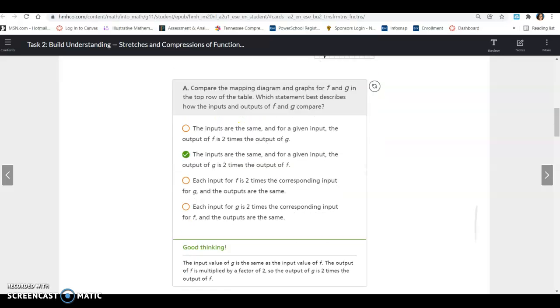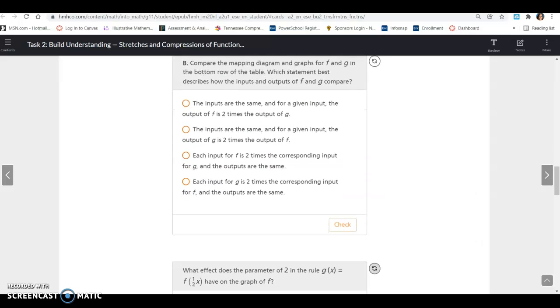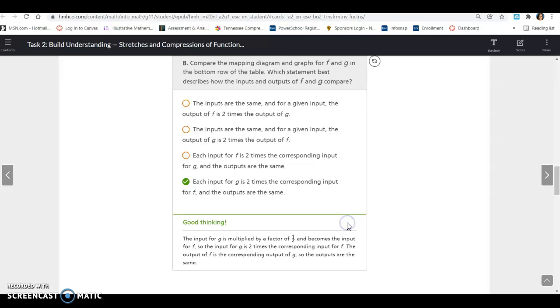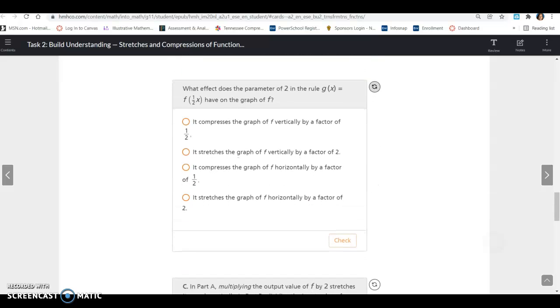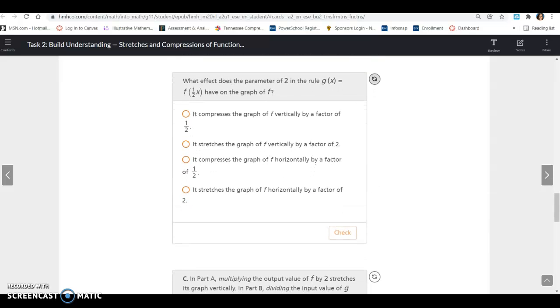So each input for g is 2 times the corresponding input for f. Again, I look back to C, and where you see 10 is twice 5, you know that that's twice as big. 5 is half of 10, or 10 is twice 5.